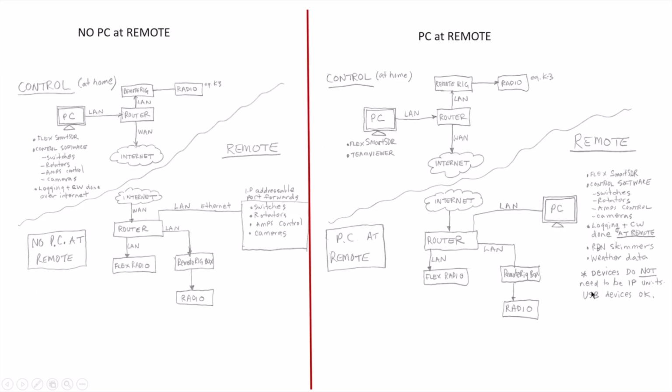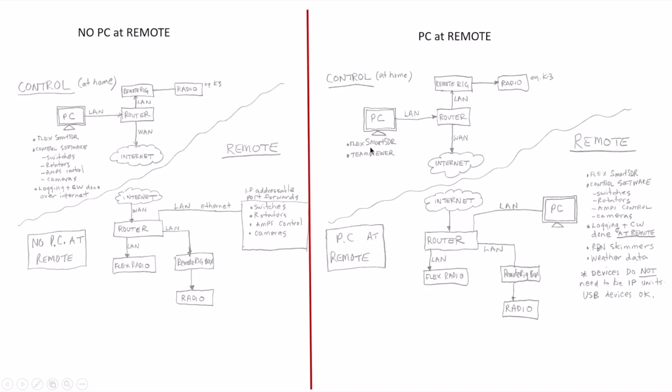And I think that's important because in terms of an advantage of this system, not all switches, for example, rotor controllers, or in my case, I like to be able to configure my RBN skimmers, and I have a weather station, which I can't really access and control directly over the internet like on the left-hand setup. So all I need to do is to be able to control any device by a PC and using TeamViewer or any other remote desktop application. I can access that using TeamViewer.